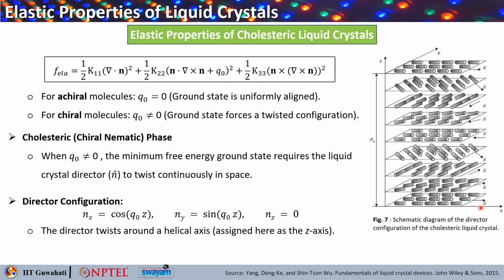So, you can write n_x is cos(q0 z), n_y is sin(q0 z), and n_z is basically 0. So, the director twists around the helical axis, which is the z axis here.